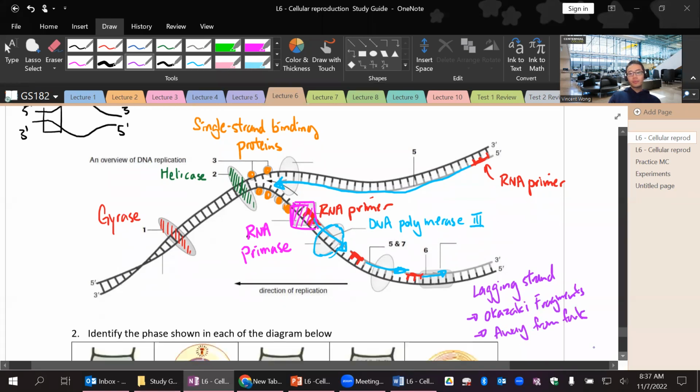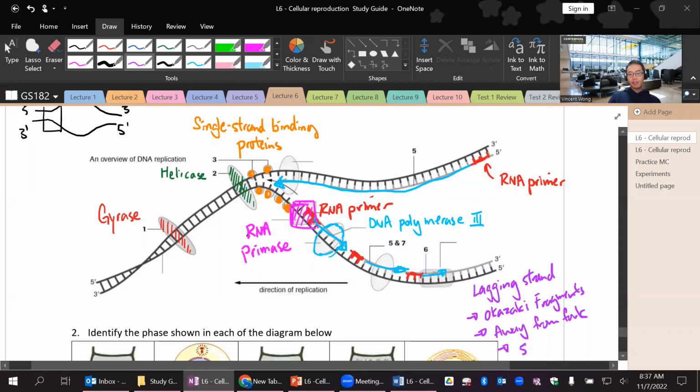But it's still nevertheless 5' to 3', right? If you look at the new strand that's being built, that is 5' to 3'. Okay, the directionality does not change. What changes is just whether it's being made continuously or whether it's being made discontinuously.